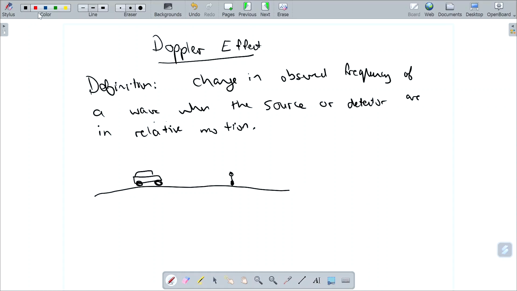Someone's in trouble, someone's on the way to the hospital, sirens are blaring, the lights are flashing, and this ambulance is making a sound. As the ambulance comes towards you, the pitch of the sound increases, so the frequency of the siren becomes higher, and as it passes you, the frequency becomes lower. And that is called the Doppler effect.